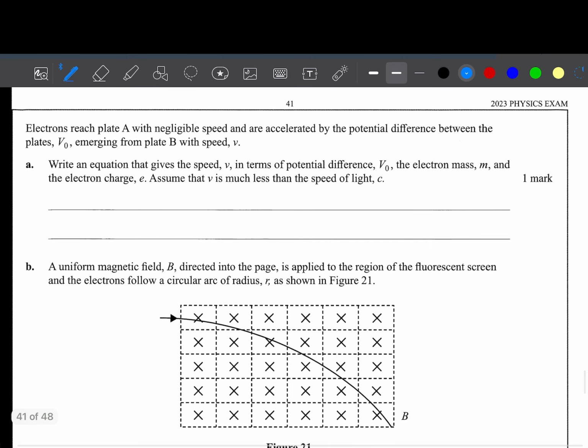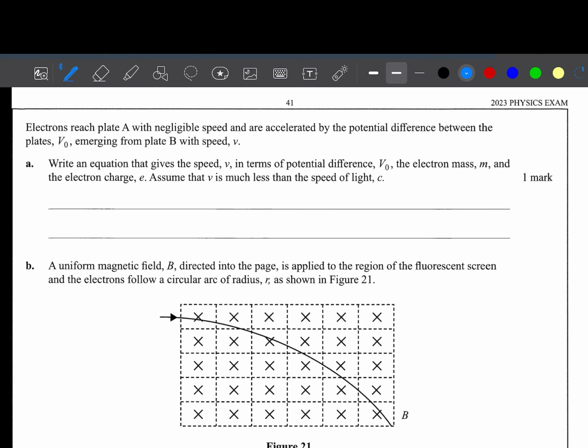Electrons reach plate A with negligible speed and are accelerated by the potential difference between the plates, V0, emerging from plate B with speed v. Write an equation that gives the speed v in terms of the potential difference V0, electron mass m, and electron charge e.